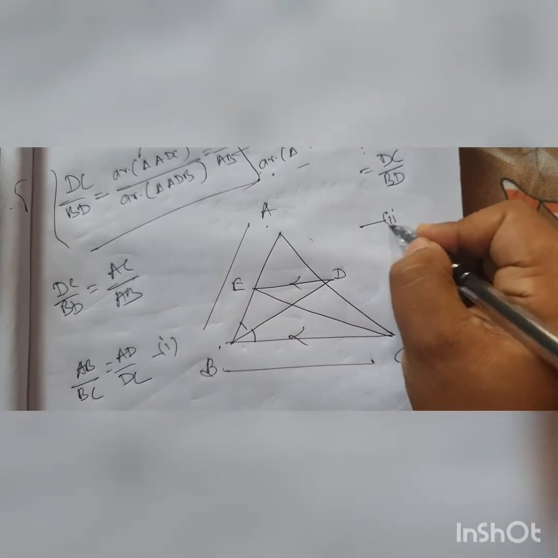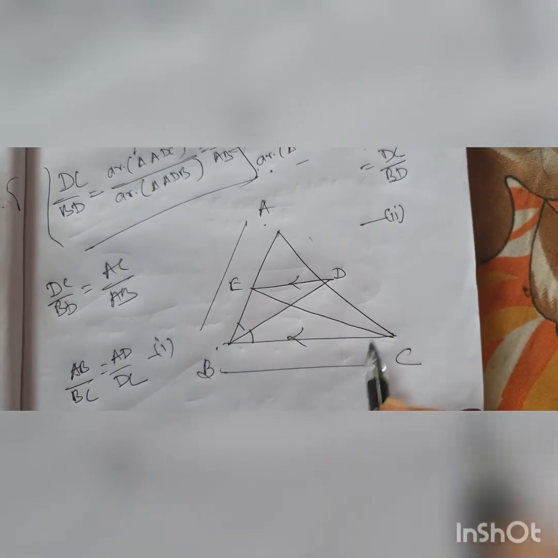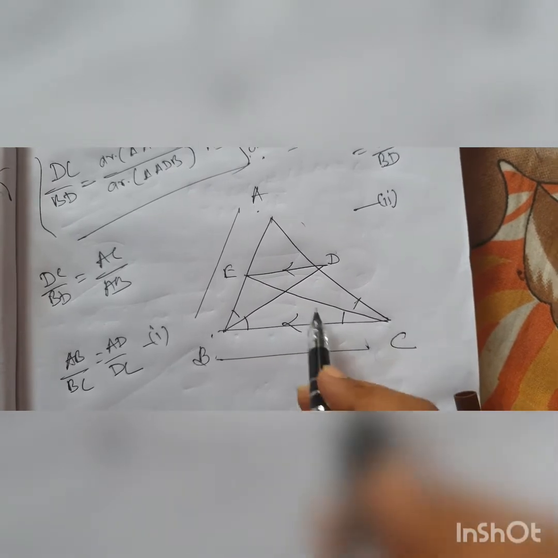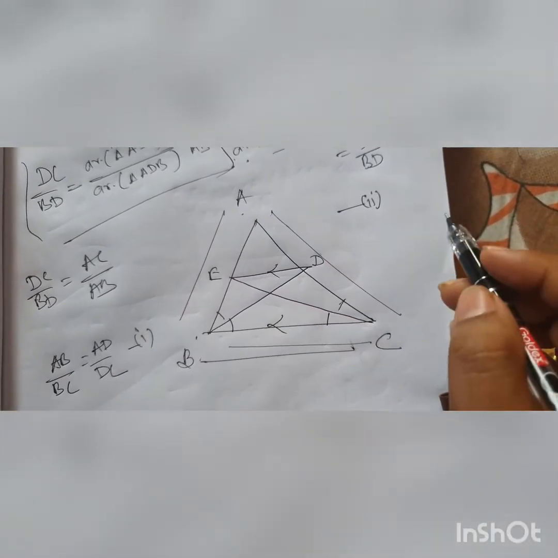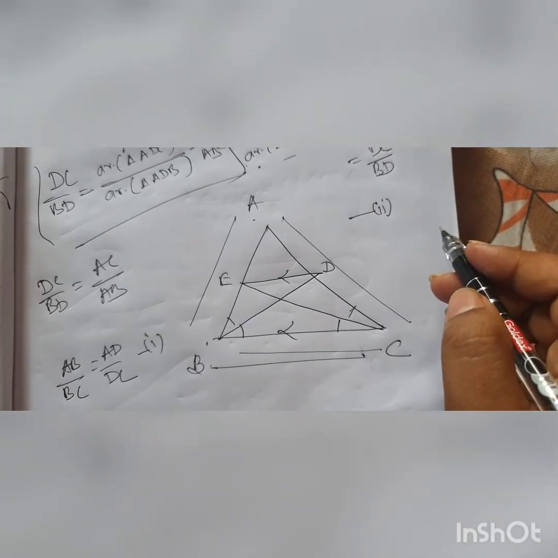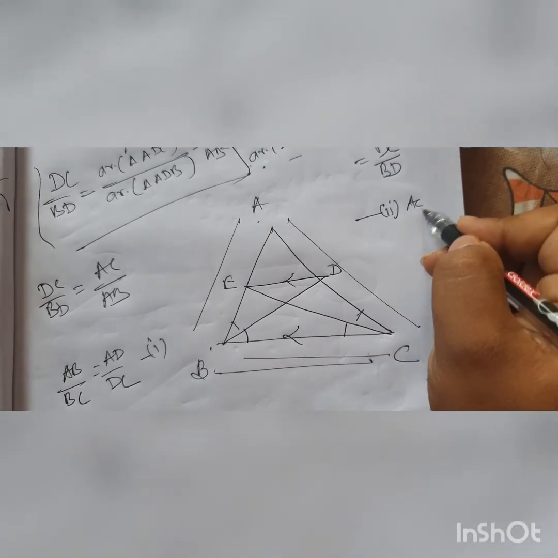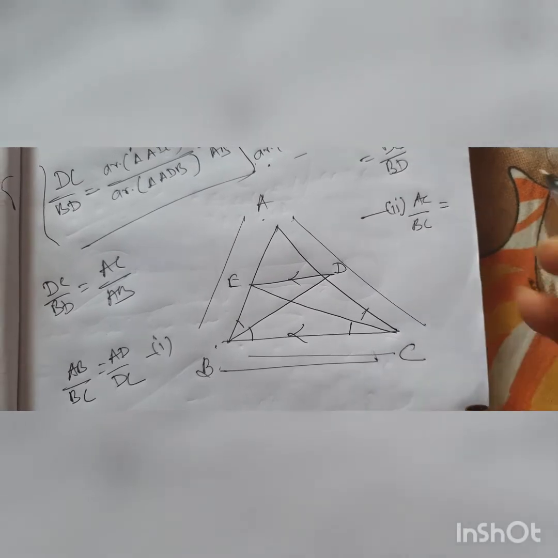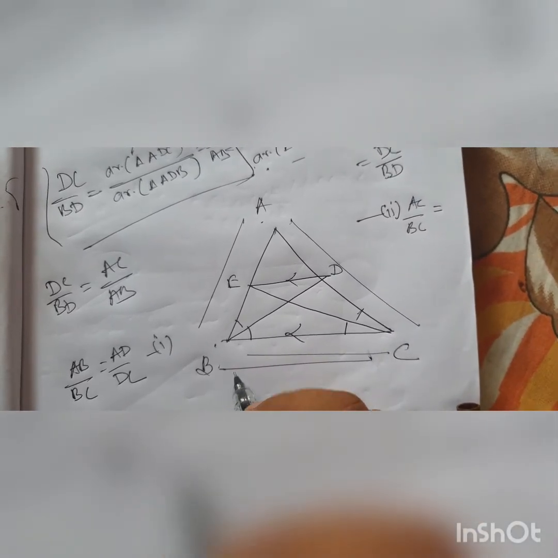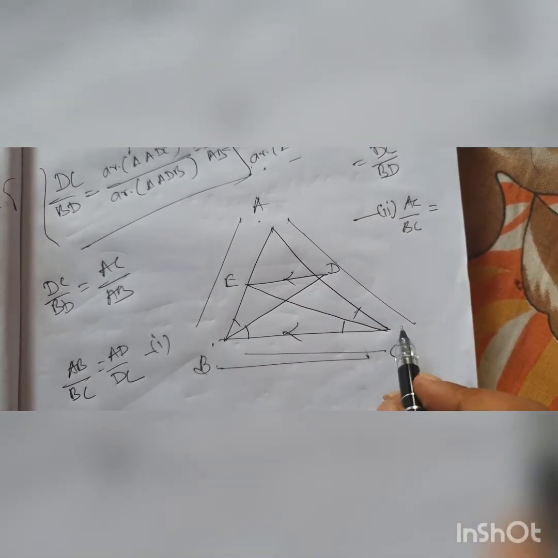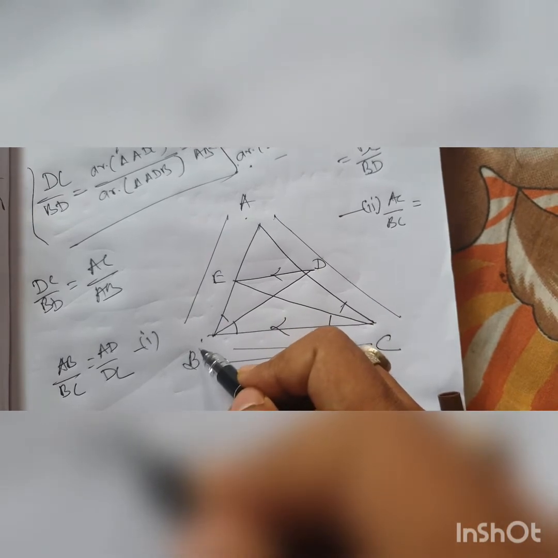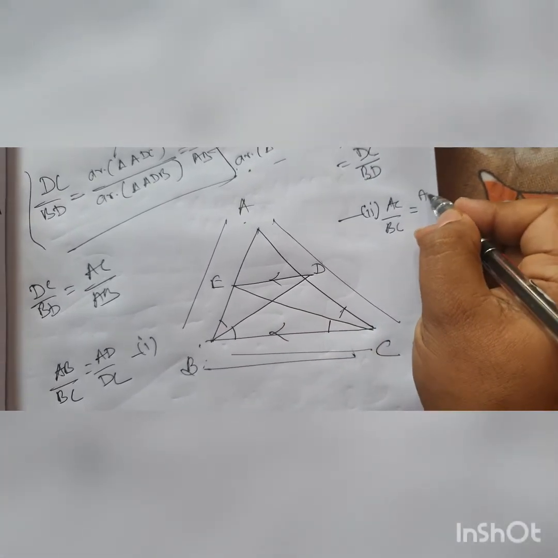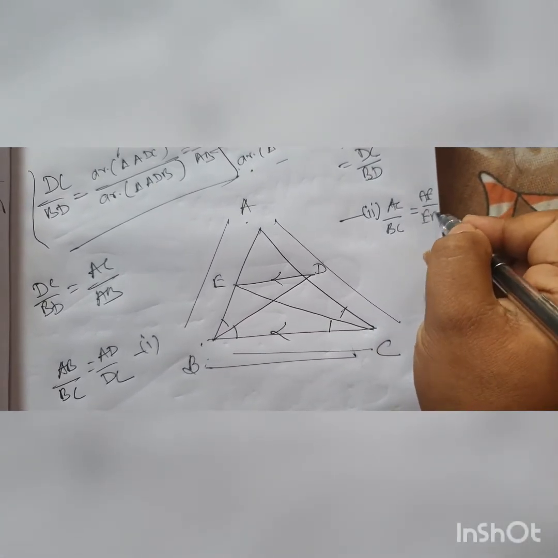Next, in equation 2, if you look from this side, C is the bisector, so AC by BC equals AE by EB. Right or wrong?